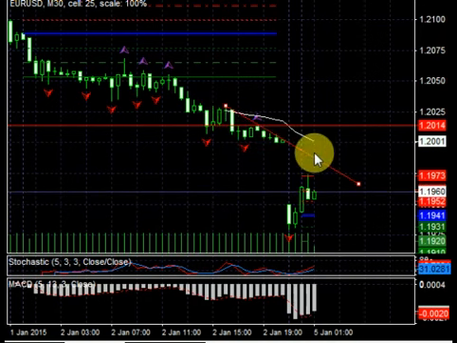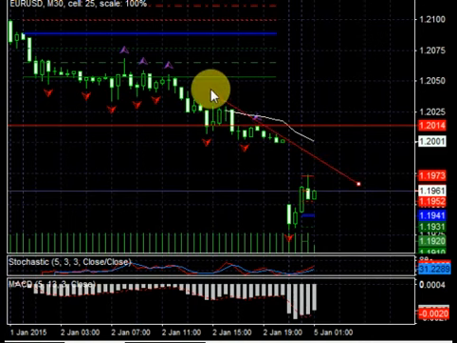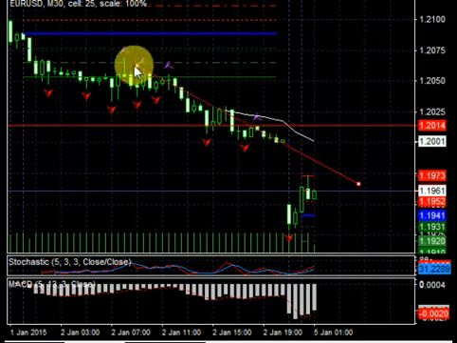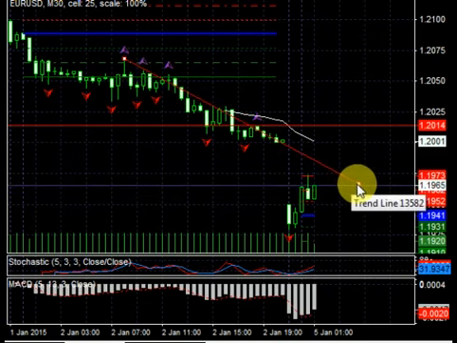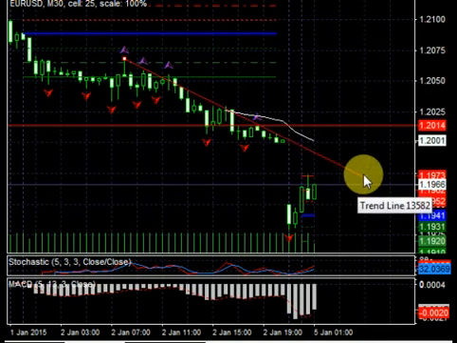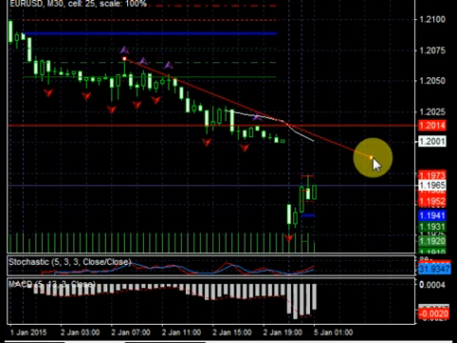Some could plot like this. We'll check which one is more valid. And this, maybe somewhere here. Good. So this one may be more valid.